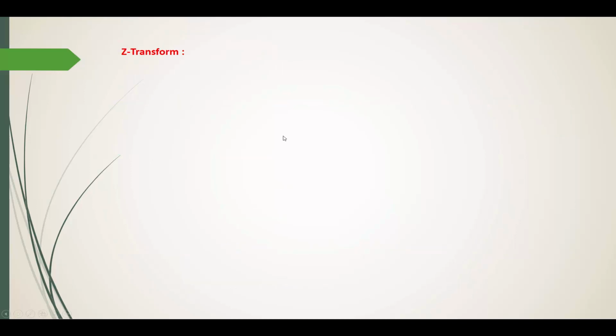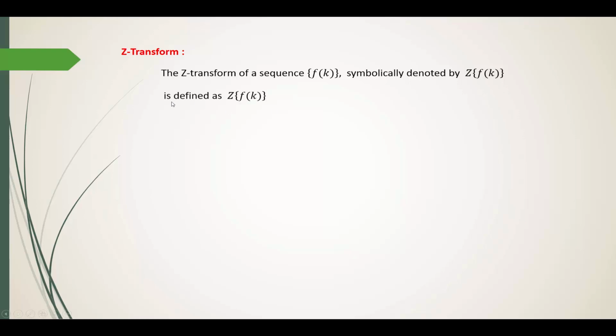Z transform. The Z transform is useful to solve difference equations. Now write down the definition of the Z transform. The Z transform of the sequence f of k, symbolically denoted by capital Z of f of k, is defined as Z of f of k equals F of z.